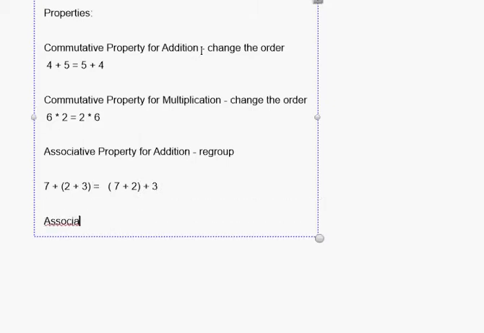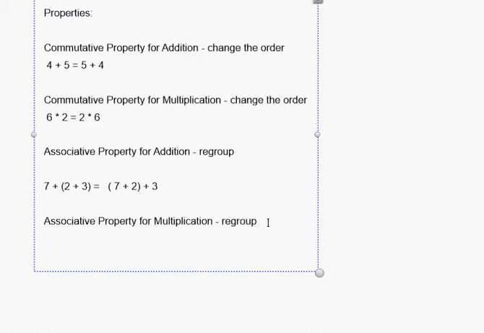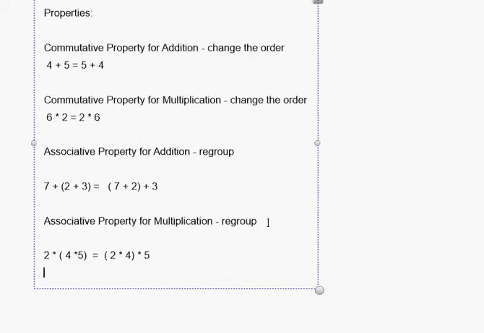And then we have the associative property for multiplication. And again, we regroup. And if we have 2 times parentheses 4 times 5, that's the same as parentheses 2 times 4 times 5, where all we've done is regroup.